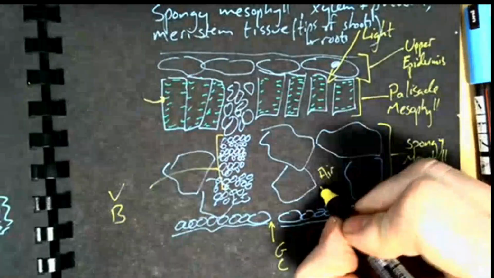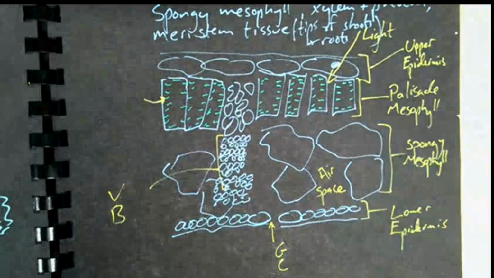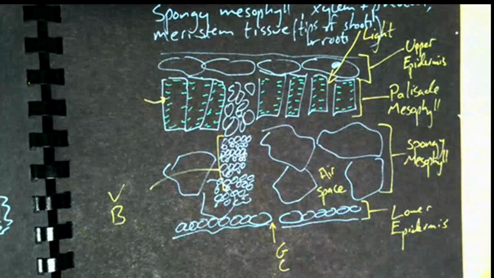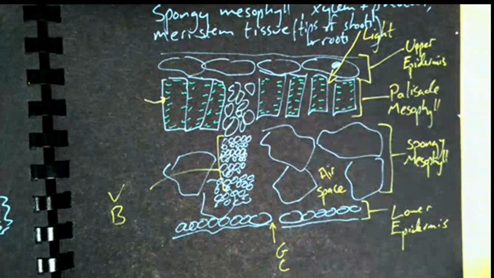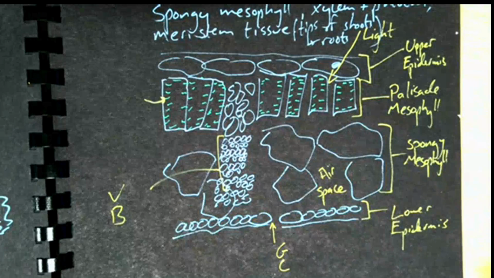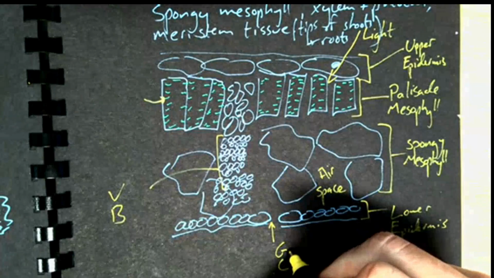I have purposefully left these spaces because we need to be able to move air in and out in order to, when we need a gas, it's able to diffuse in, and when we create a higher concentration of gas, it's able to diffuse out. And that process is happening through this space here.